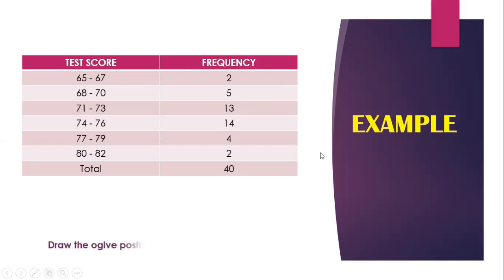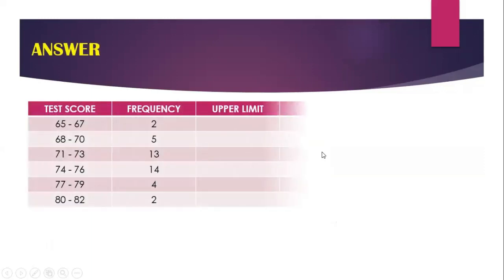The question is to draw the Ogive positive curve. Okay, next, the answer. Now we are going to set up the table based on the cumulative frequency and upper limit. This is the data that we have before.